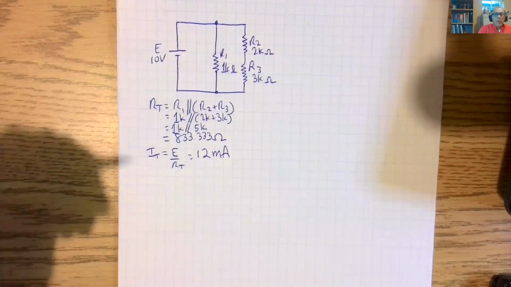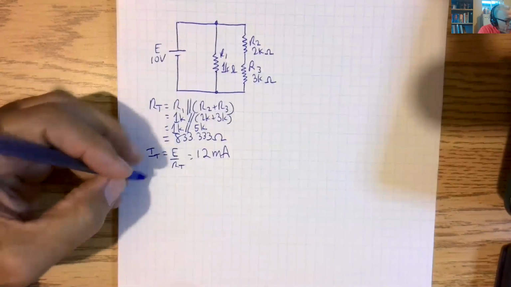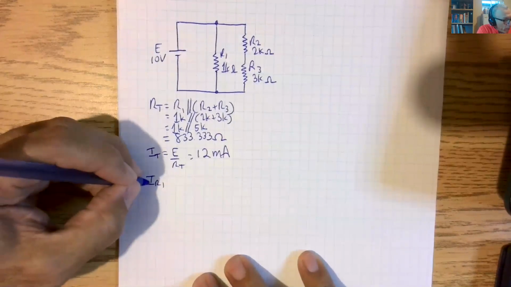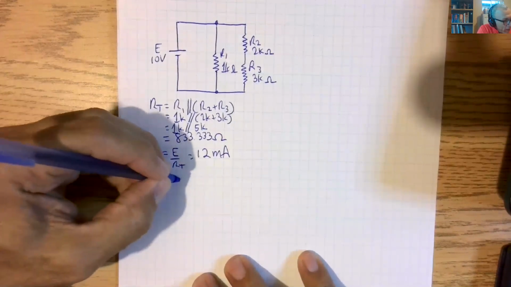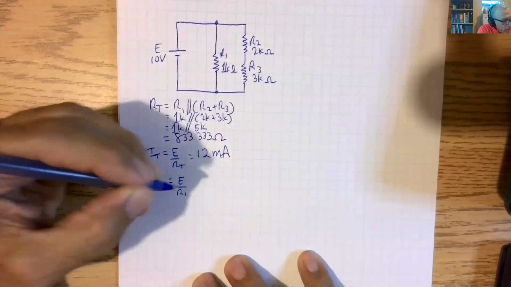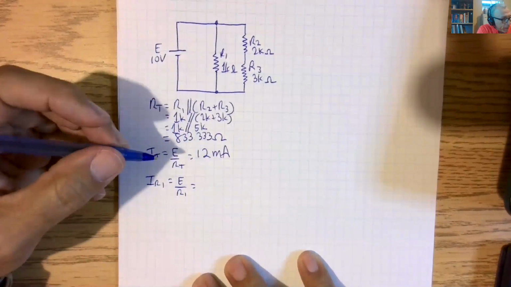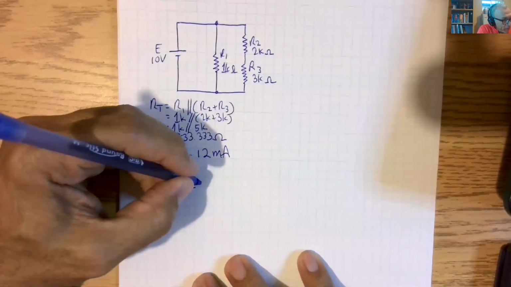Okay, so we have IT. We can find IR1 by saying E over R1, which is 10 milliamps.